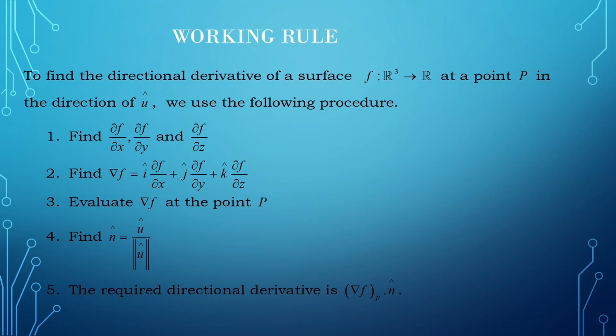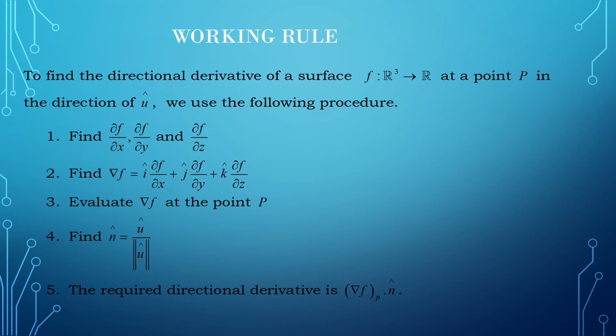In the next step, we consider the given vector u cap. Because we want its direction only, we don't want the magnitude, we find out norm u cap. We find out a unit vector n cap equals u cap upon norm u cap.